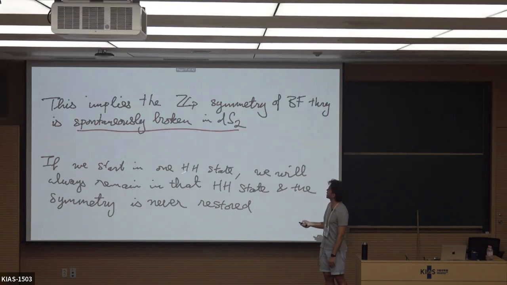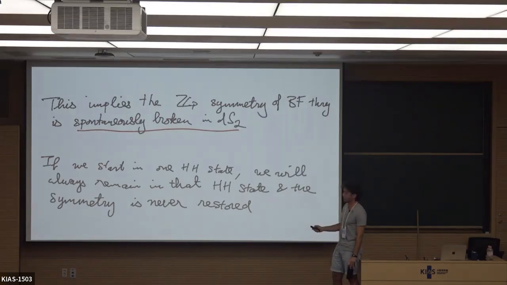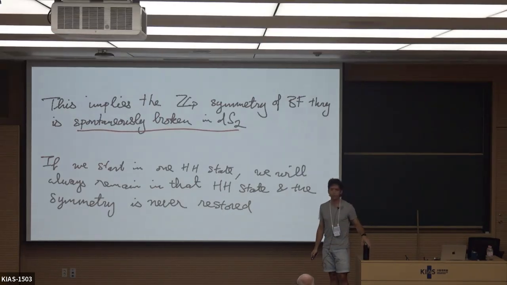And what this suggests is that I have a theory with this Z_p global symmetry, and this Z_p global symmetry is spontaneously broken on de Sitter. Because the Hartle-Hawking construction, the normal one where I just insert the identity in the Euclidean section, prepares the charge 0 state of this Z_p symmetry.